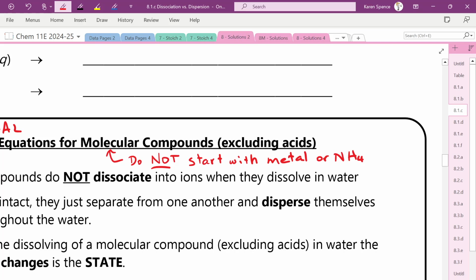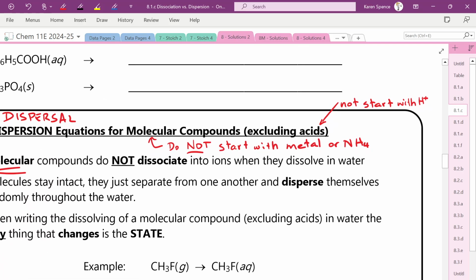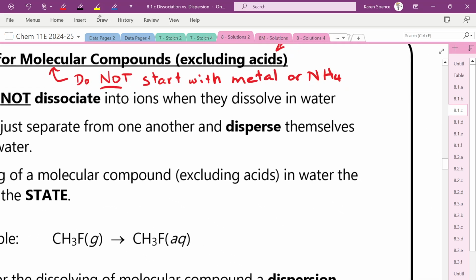And they're not going to start with H, because if they're acids, they do dissociate. So when you're writing a dispersal equation, your initial formula and your final formula should be the same. Nothing should change. The only thing that should change is the state.